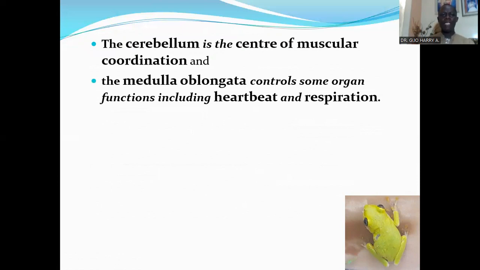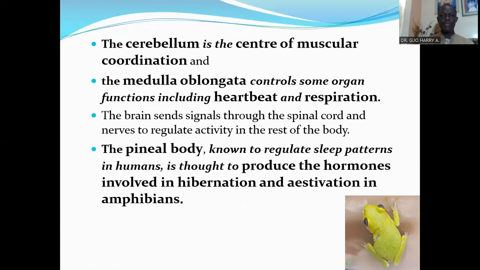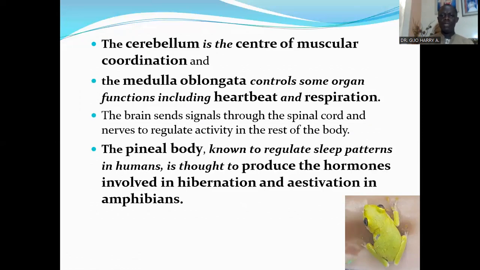The medulla oblongata of the amphibians is responsible for the control of heartbeat and respiration. The brain sends signals through the spinal cord and serves to regulate activity in the rest of the body. The pineal body, which regulates sleep patterns in humans, is thought to produce the hormones involved in hibernation and estivation in amphibians.